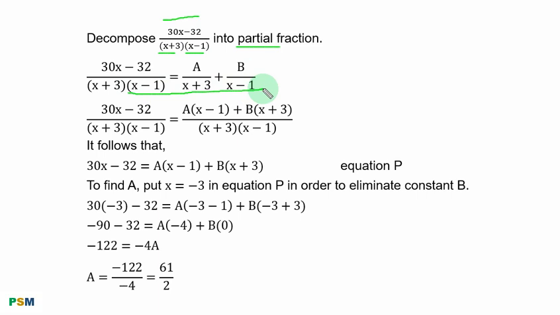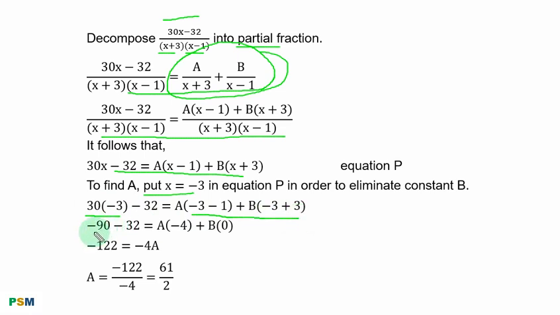You find the LCM in the right hand side and simplify. You have this result. To clear fractions, multiply through by the LCM and you have equation P. To find A, put S equal to minus 3 in equation P in order to eliminate constant B. You have this result followed by this.